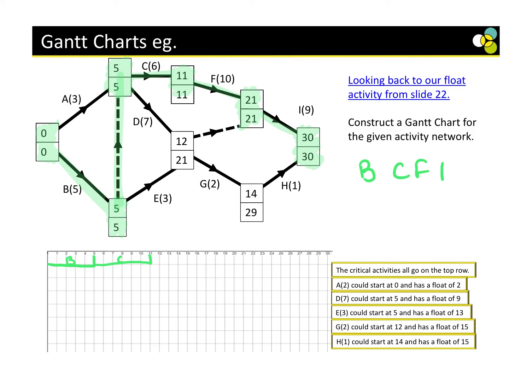Where are they coming from? 11 to 21 is F. And 21 to 30 is I. Okay? So here I have drawn my critical activities. These have to happen without a break.